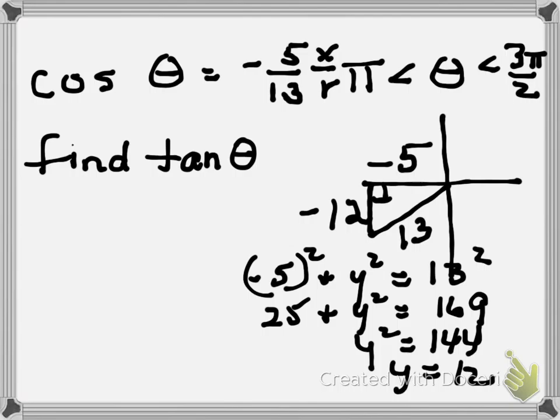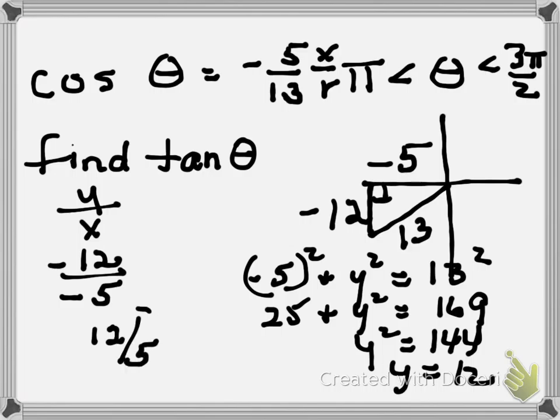And then you have the x, y, and r properly labeled, so that now when we have tangent, which is y over x, and the y value is -12, and the x value is negative 5, then we get an answer of positive 12 over 5, which we know is correctly labeled positive because we know that tangent is positive in the third quadrant.